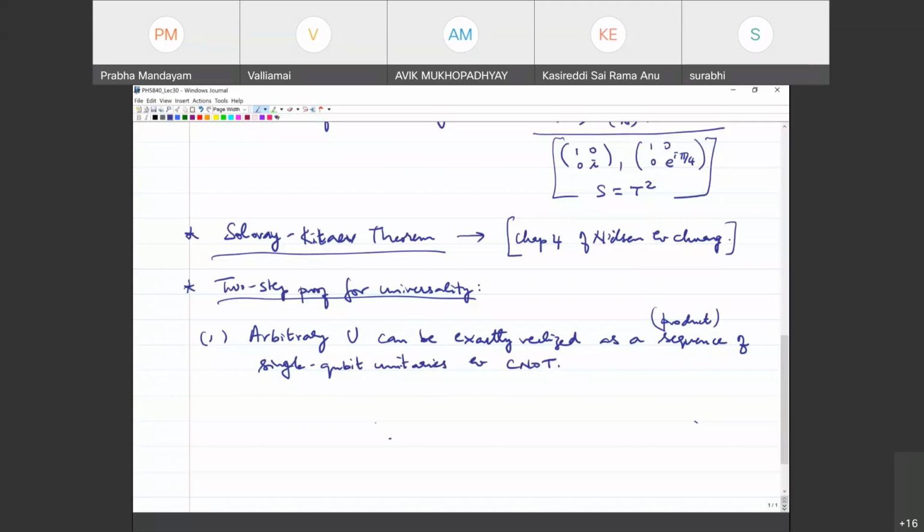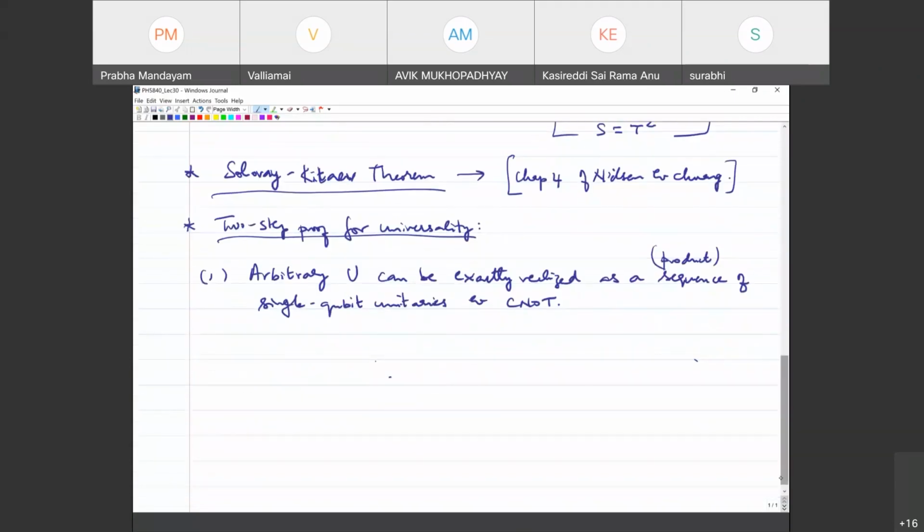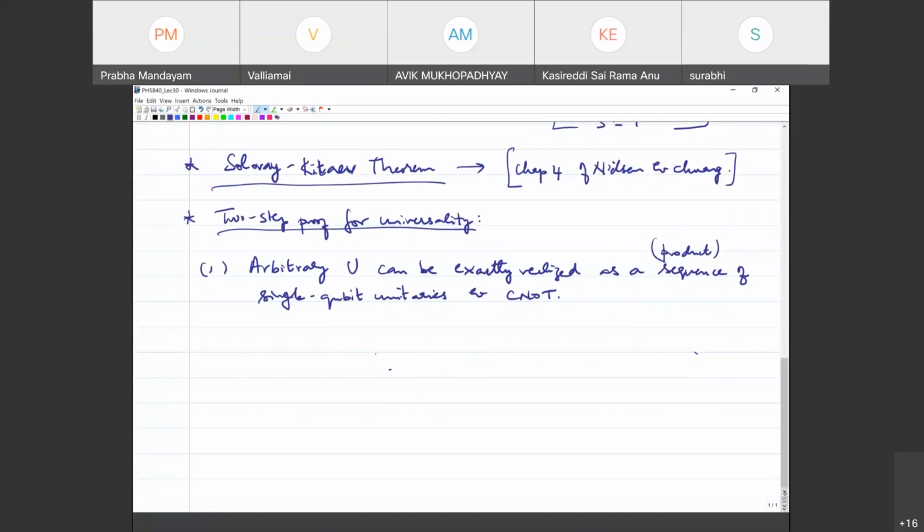So essentially what we are saying is that there is a larger universal set that we can first consider. Okay, and that larger universal set is the set of all unitaries in SU(2) and CNOT.